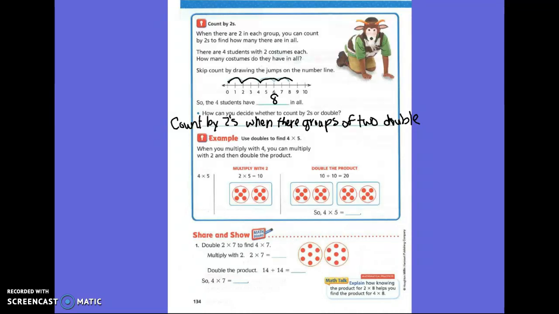Count by twos when there are groups of 2. Double when there are 2 groups with equal numbers.